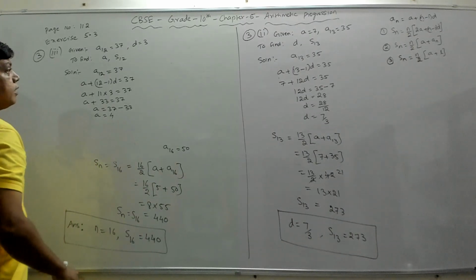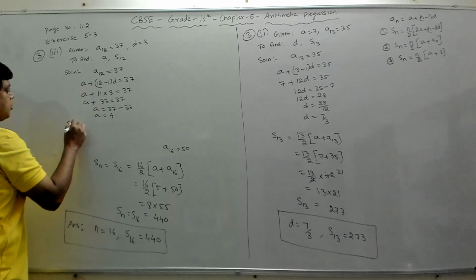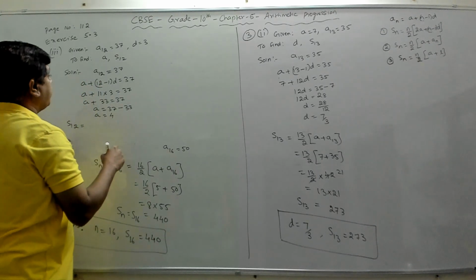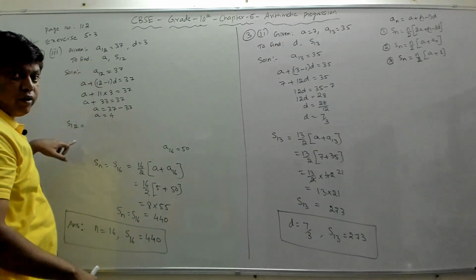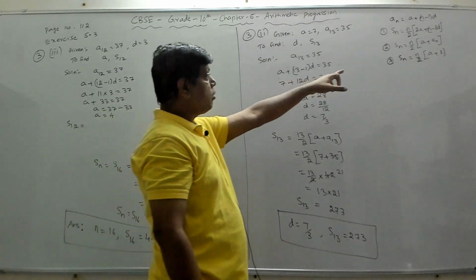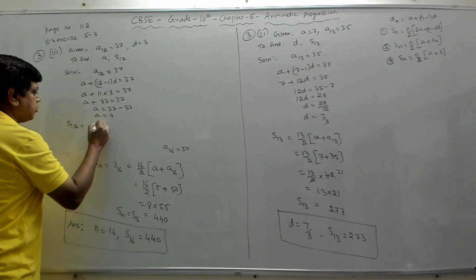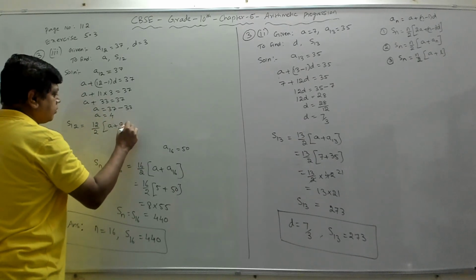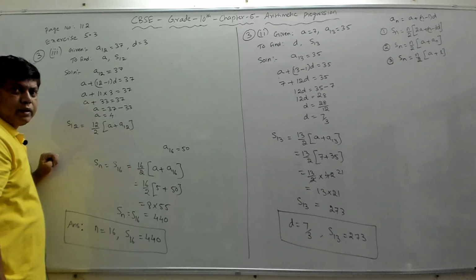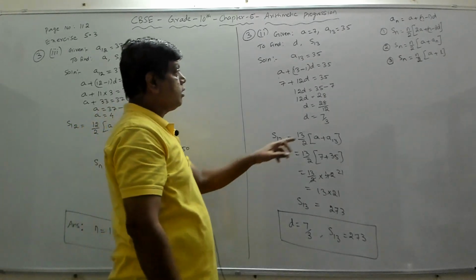Now we should find S12. The A we have found is 4. Since we know the last term A12, we can use the second formula directly. S12 is equal to 12 by 2 into A plus A12, substituting n equal to 12.